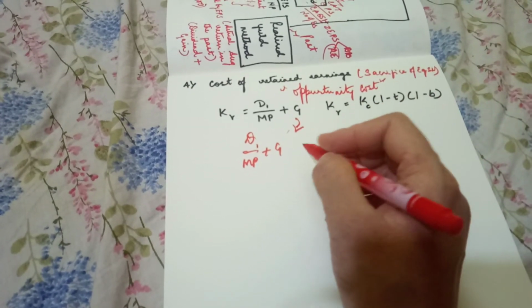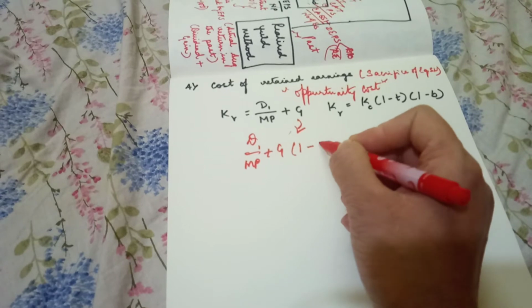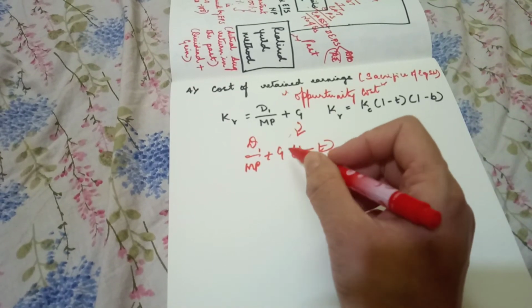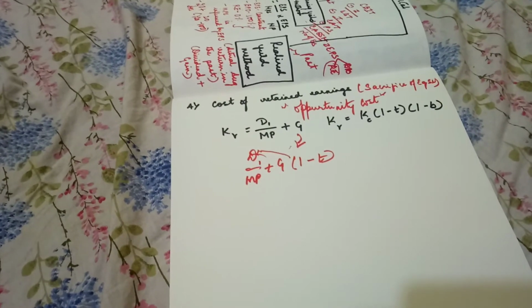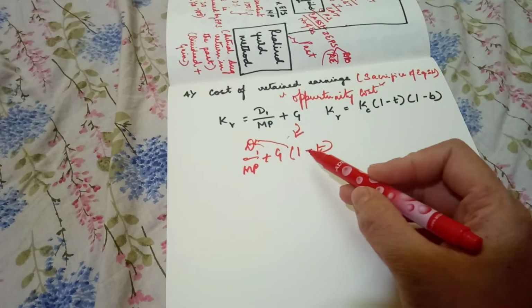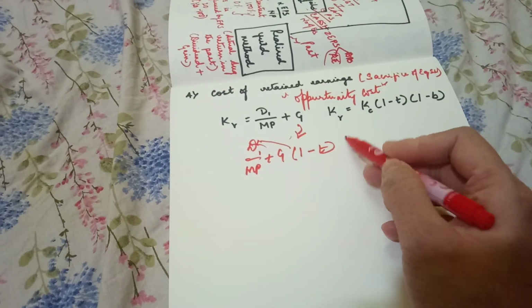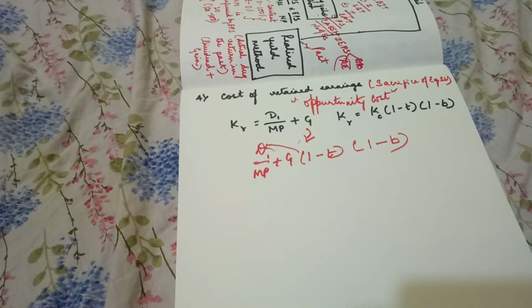This formula will continue with into 1 minus tax. Why into 1 minus tax? There is dividend distribution tax. Whatever dividends you receive, you need to pay tax on that. So therefore into 1 minus T into 1 minus B. What is B? B is for brokerage charges.